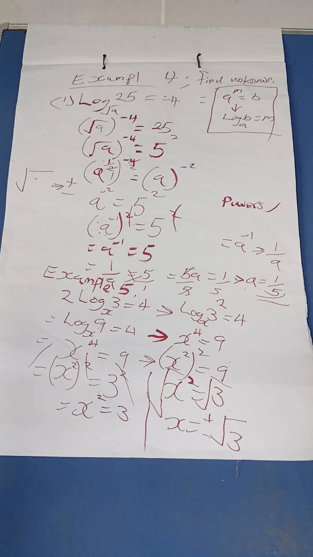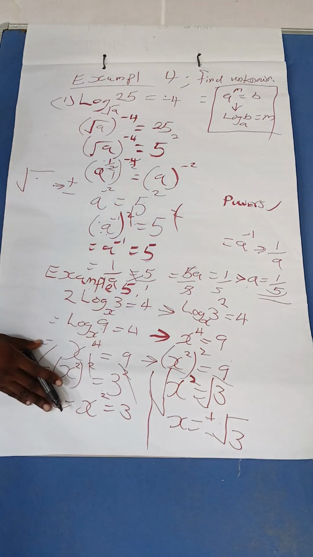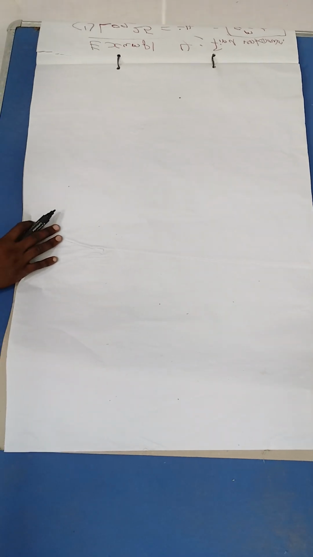Addition and subtraction. How can you treat now in logarithm form addition and subtraction? Good. Let us just at least do 2 or 3 solutions. So we are on addition and subtraction in case we get it in an exam.